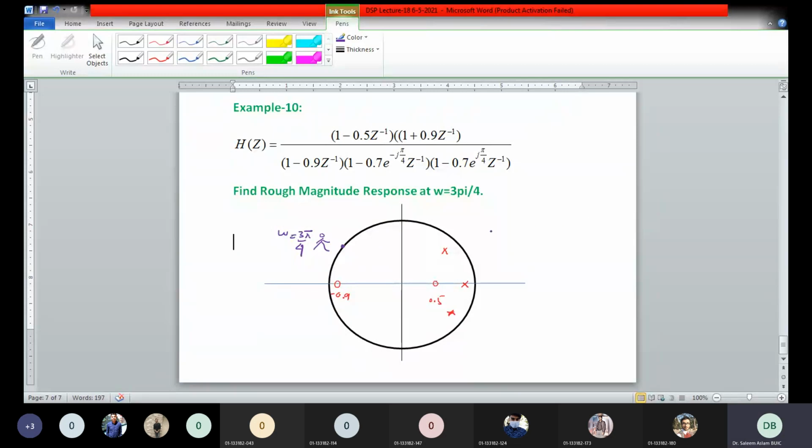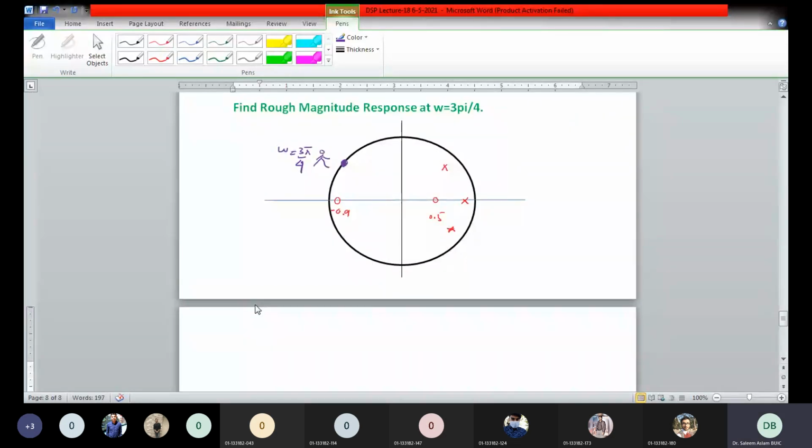So what you need to do is draw the vectors from poles and zeros and divide the product of the zeros by the product of poles. How? Let me write a formula on the next page, then I'll come back to the same page for further clarification. And I think we can only do it today. Wait a minute.